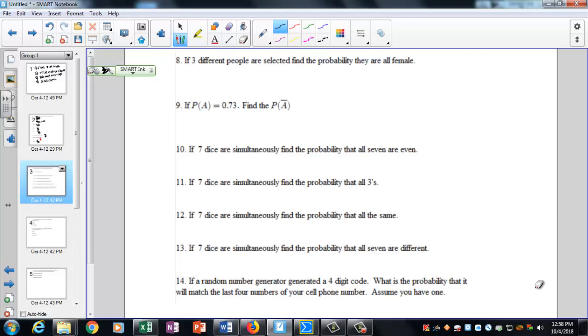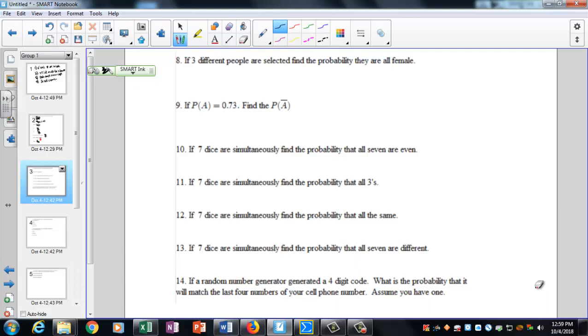If I just say 3 people, you don't know. At which point you would raise your hand, or you walk up here and say, hey, it says 3 people. Does that mean with replacement or without? And I will tell you what it means. But if it says 3 different people, doesn't that really mean you can't pick the same person twice?